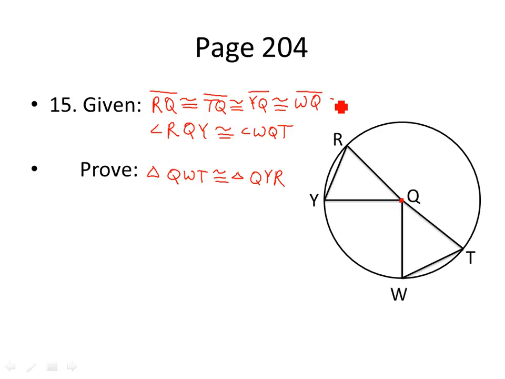It says all radii are congruent. Since you don't know that theorem yet, they just told you all four of those were congruent. So the first thing I'm going to do in this picture is mark RQ, and this is what I want you to do on your paper. RQ is congruent to TQ, which is congruent to YQ, which is congruent to WQ.